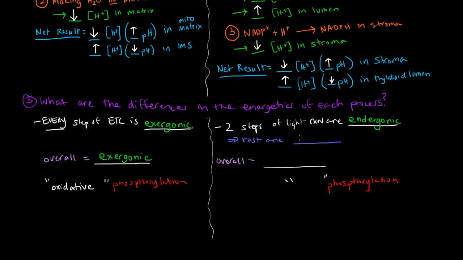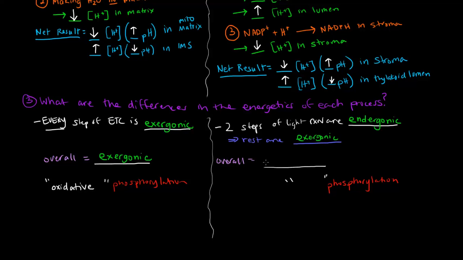The rest of the reactions, however, are exergonic because they all have electron flow based on reduction potentials. No energy is invested. So now in chloroplasts, we have some reactions that are endergonic, 2 of them to be specific, whereas the rest are exergonic.